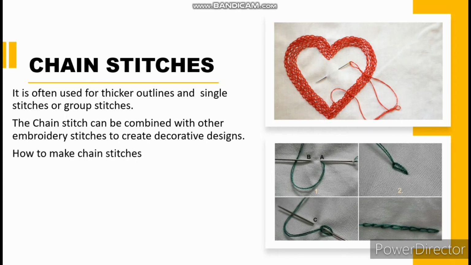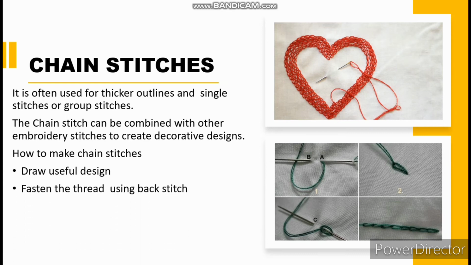How to make chain stitches. 1. Draw your design. That is, you make your design on your material. 2. Fasten the thread using back stitches. You can see it from our diagram there. 3.